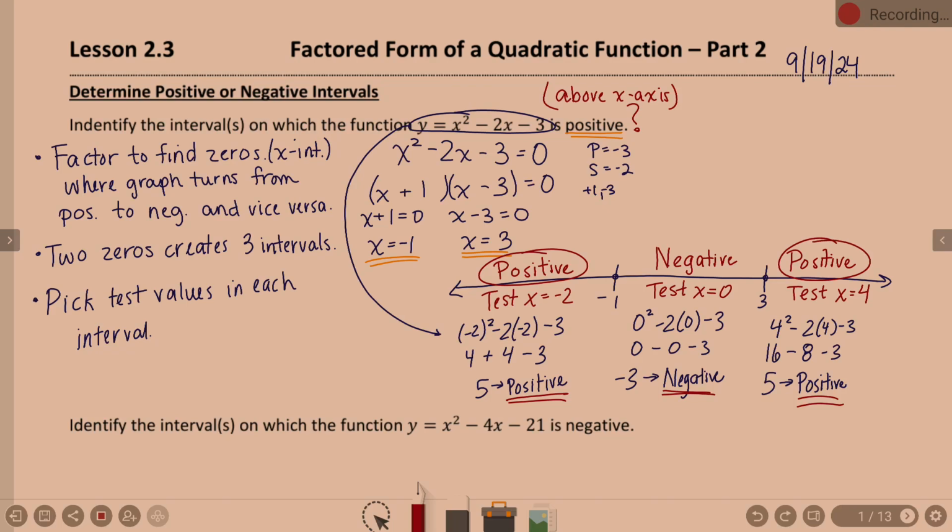It's positive to the left of -1 and to the right of 3.